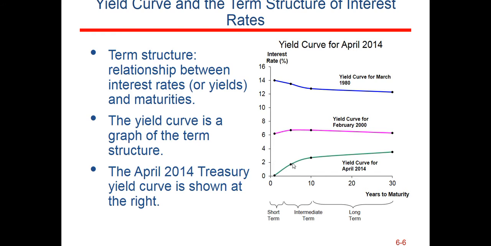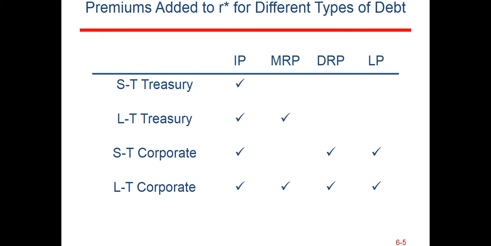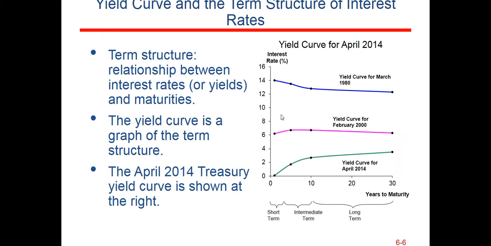The reason why I say the green one is quote-unquote normal is because when I go back to long-term treasuries, you are basically adding the maturity risk premium. So the longer you wait for maturity, you are demanding more interest. That's usually the normal case. But in the case of expectations where you expect different inflation rates in different time periods, these curves can be inverted, just like the blue line here.